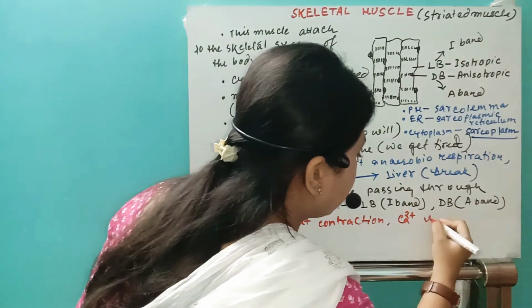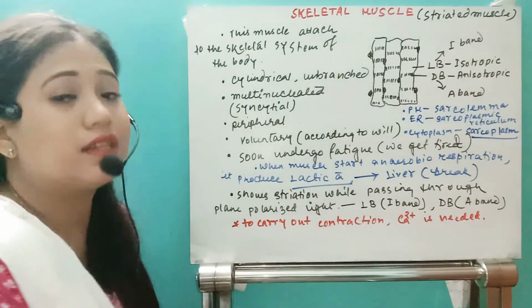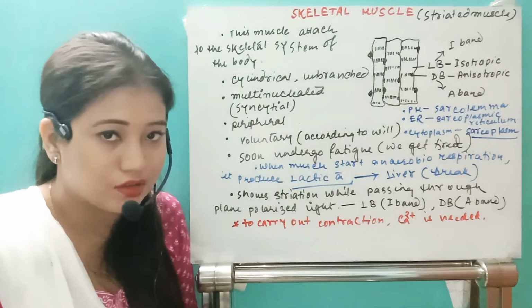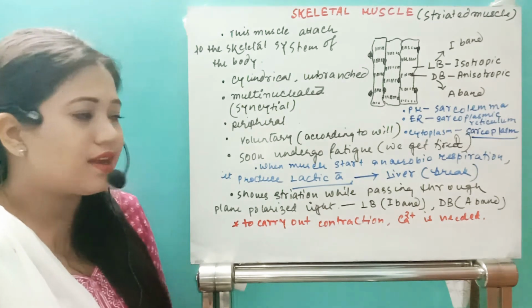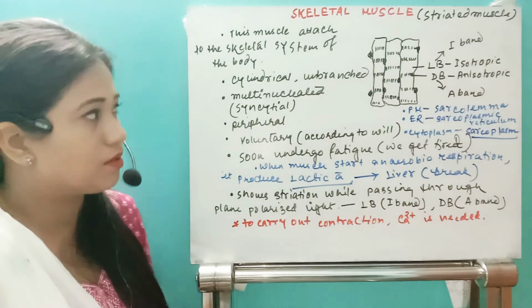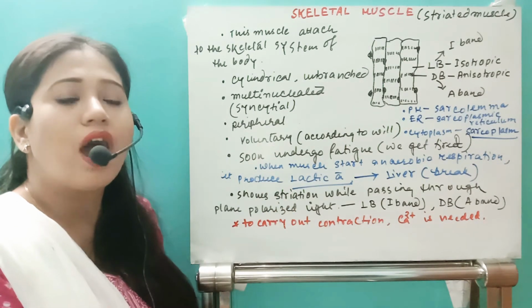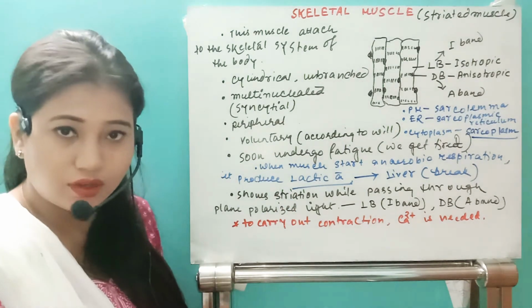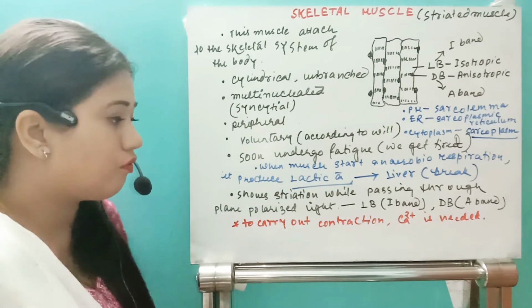Calcium ion is needed, and only then is it possible for the skeletal muscle to contract. So where is this calcium ion present? Suppose the neuron gives the stimulus. After giving the stimulus, how will the muscle contract?